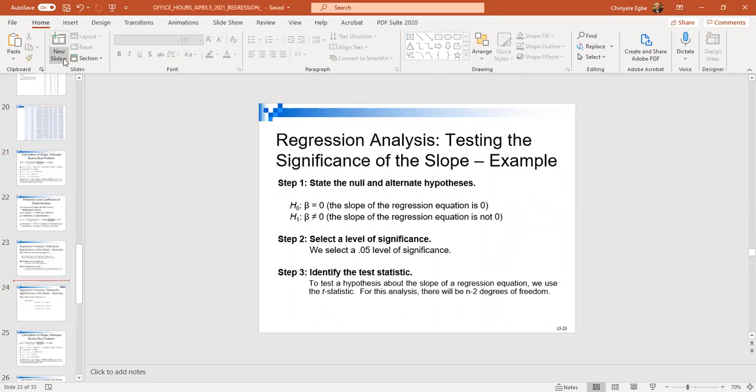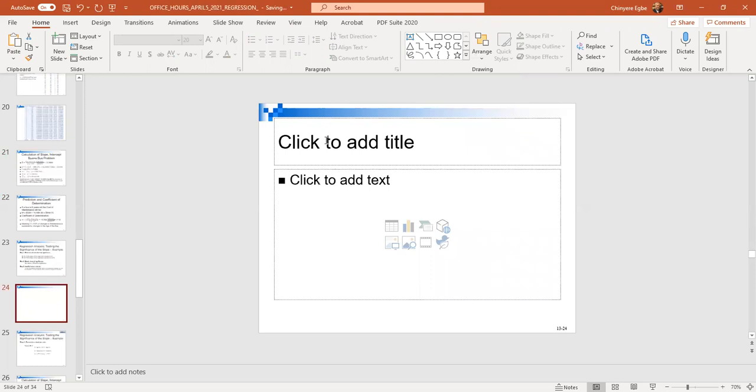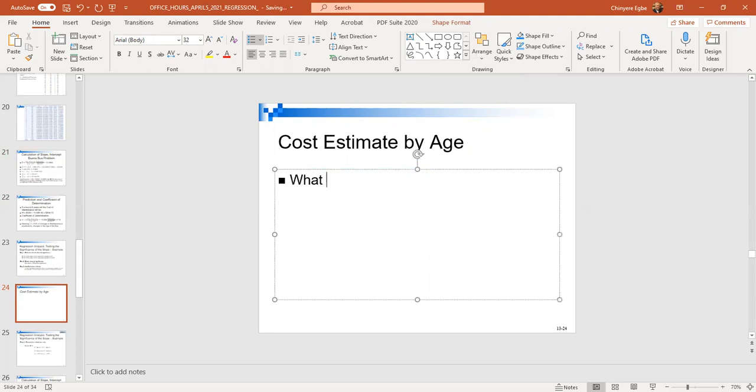Let us do a cost estimate by age. What is the estimated cost of maintenance for a bus that is, say, 9 years?